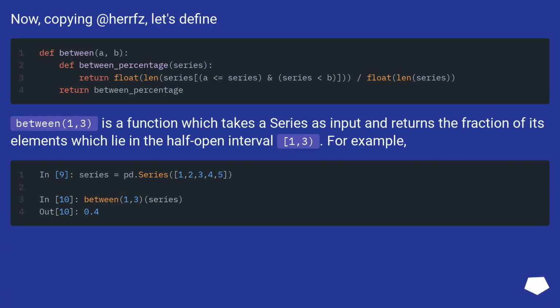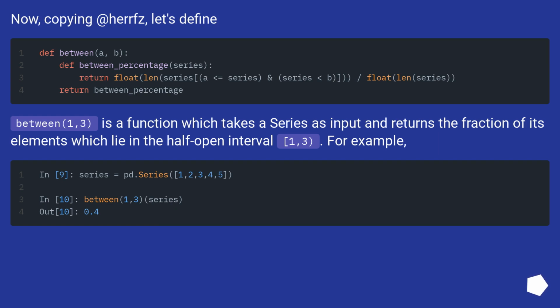Now, let's define between_1_3. It is a function which takes a series as input and returns the fraction of its elements which lie in the half-open interval [1, 3).